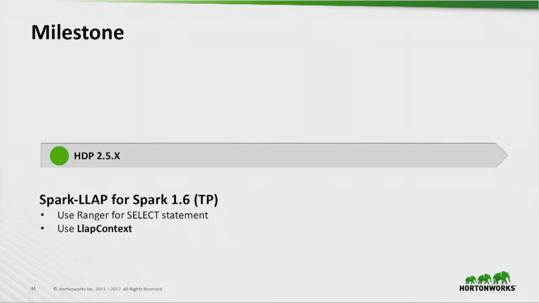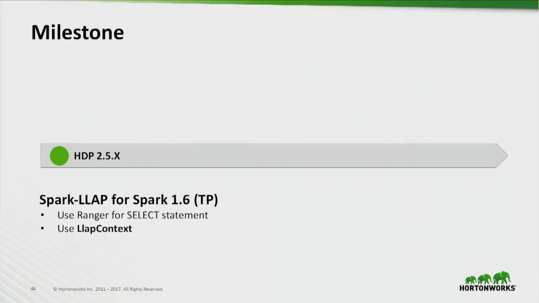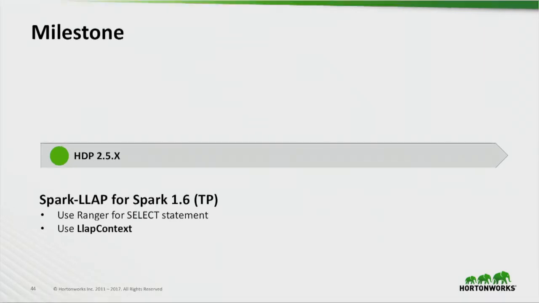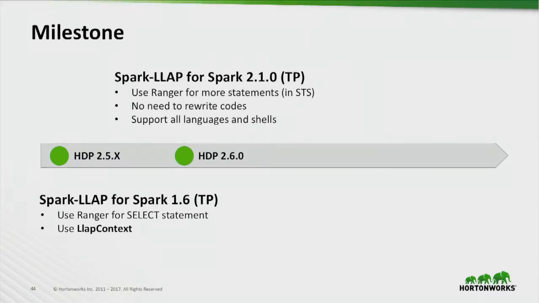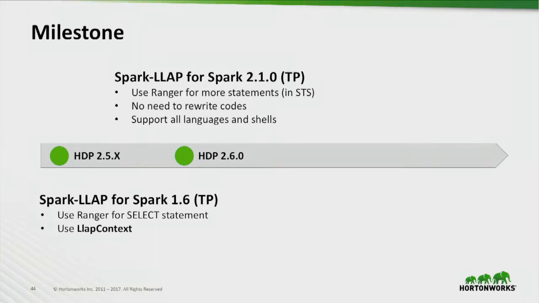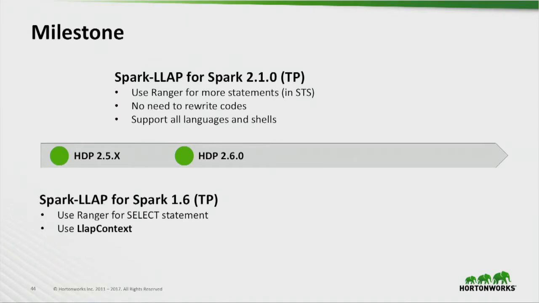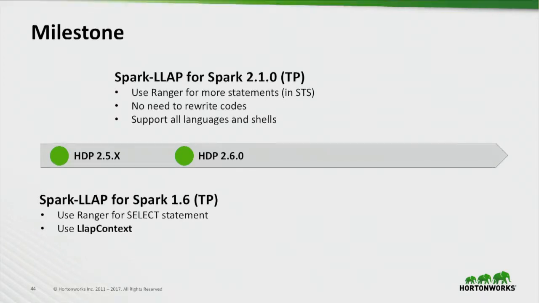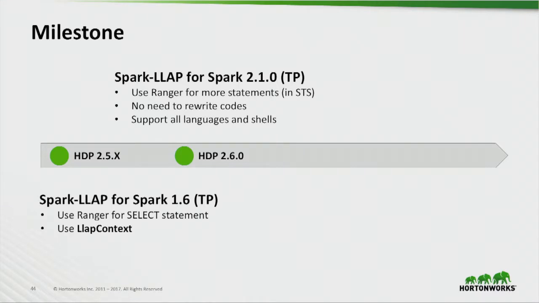At that time, we mainly focused on the select LLAP connector and providing this architecture. Since HDP 2.6, I developed and provided the Spark LLAP for 2.1. Previously, we had already developed Spark LLAP for Spark 2.0, but 2.0 was not going to GA in HDP, so we skipped that version and went directly to 2.1.